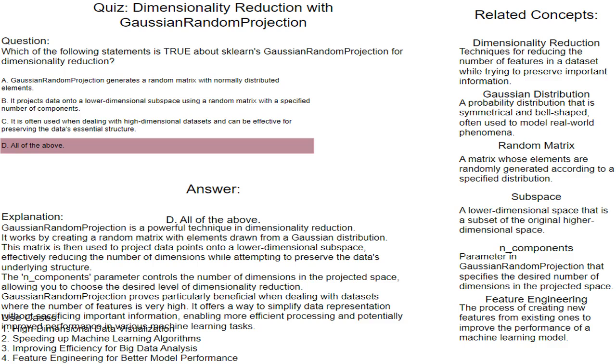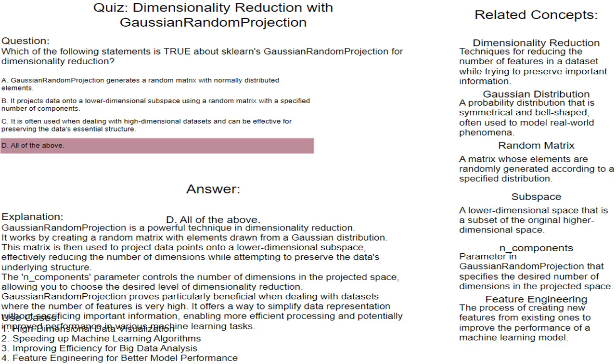Creating realistic simulations of data by generating random numbers from a normal distribution. In a dataset of student scores, the average score might be 75, and the scores might be distributed around this average following a Gaussian normal distribution.